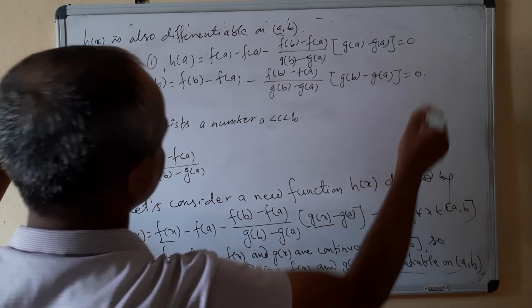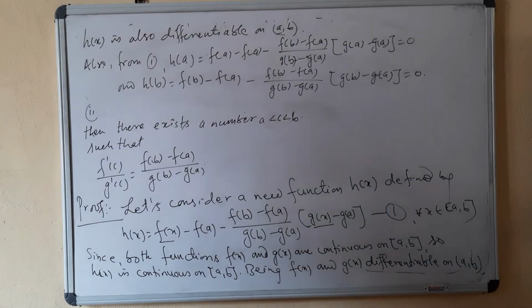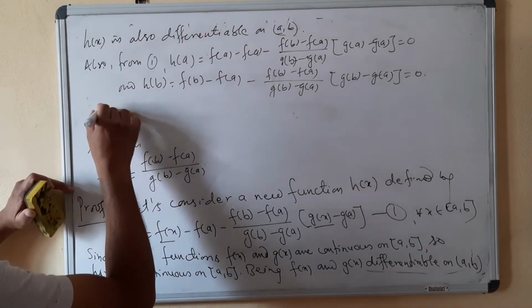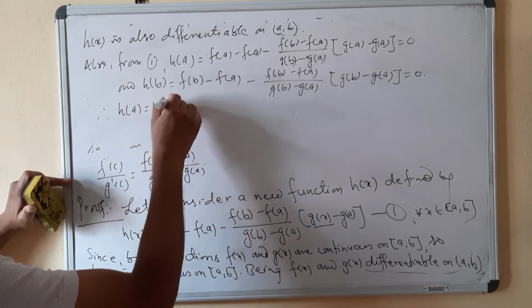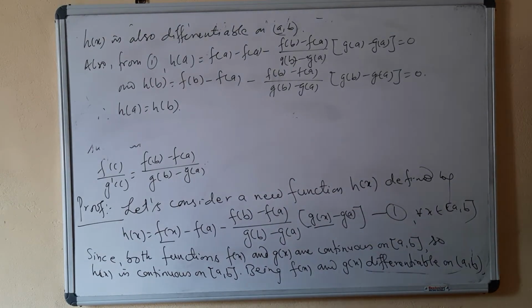This also equals 0 since all terms will be cancelled here. Therefore h(a) equals h(b), which means all three hypotheses of Rolle's theorem have been satisfied by the function h(x).